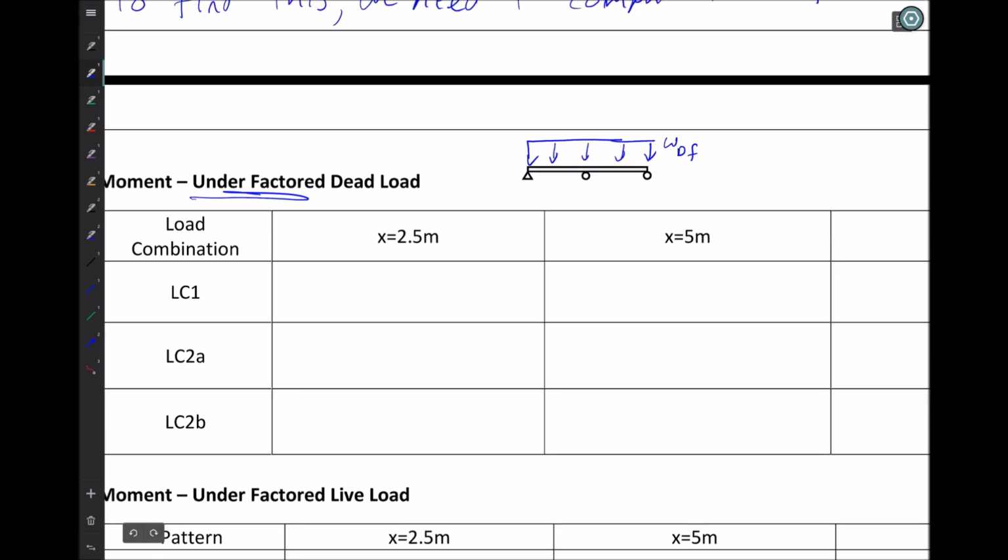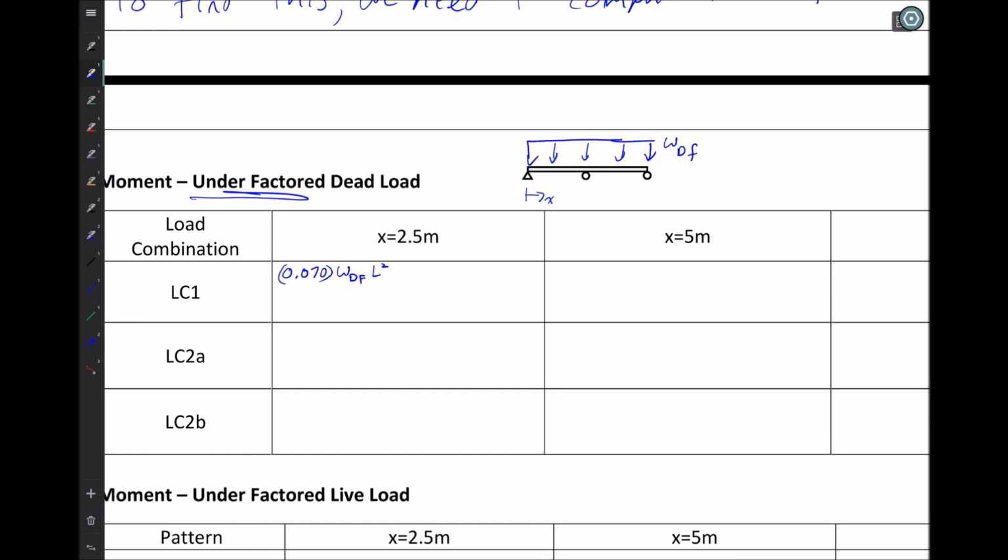And at x equals 2.5, which is right in the middle of the span, I am going to have the coefficient 0.070 multiplied by W dead factored multiplied by L squared.